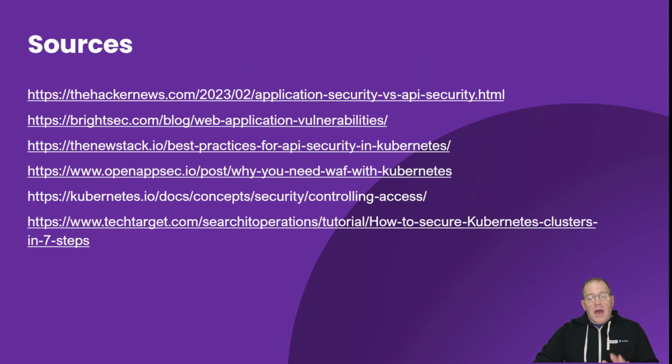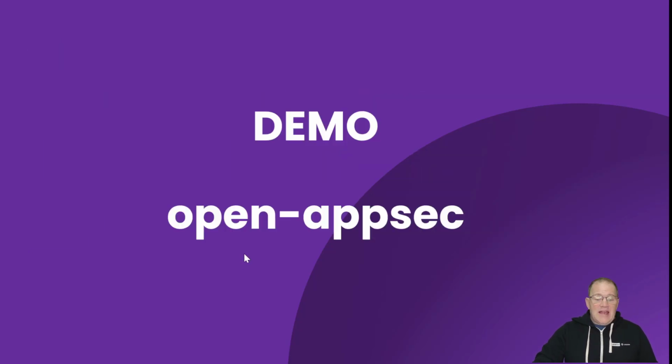Okay, so I've got a whole bunch of sources here. These are excellent articles. I recommend that you read them. They go into a lot more detail on the subjects I've just briefly gone over. So definitely go and read them, and you will get a much deeper understanding of this. All right. So what I'm going to do now is a demo, and the demo I'm going to do is from open-appsec.